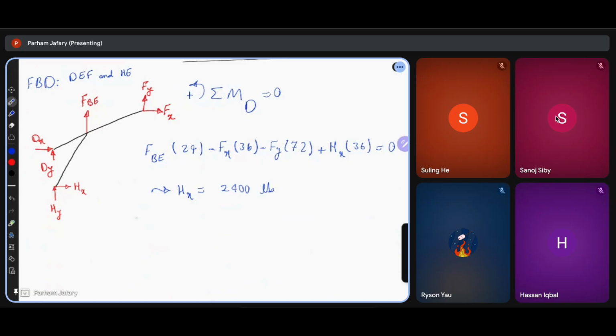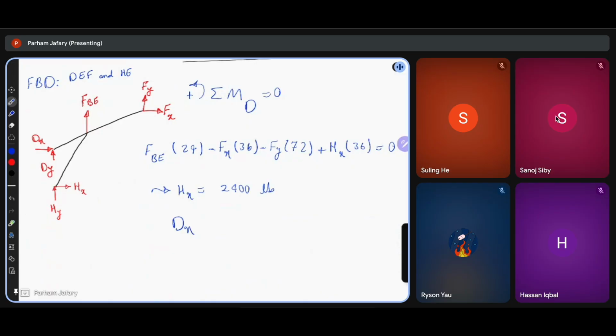So now that I have Hx, how can I calculate Hy? Because usually we write down the moment equation and then we go to the sigma F of y, right? No, the moment around H will give us Dx, not Dy, because Dy passes through H, right?